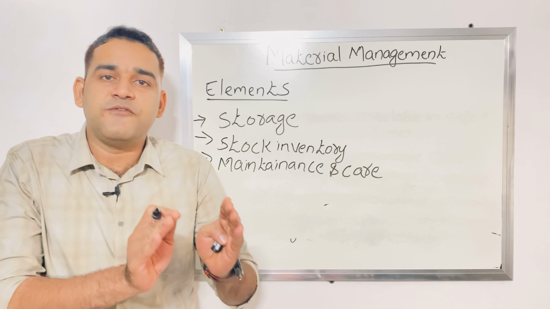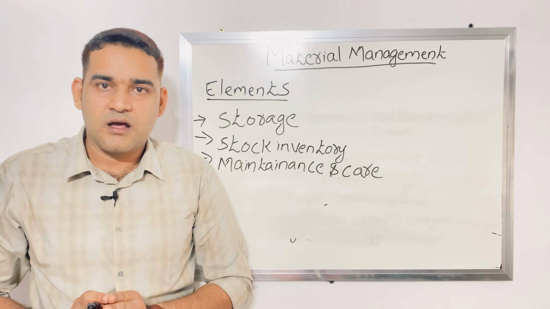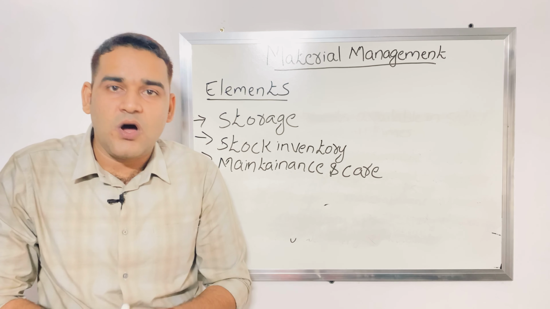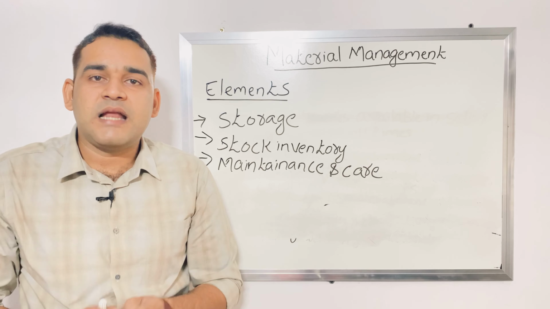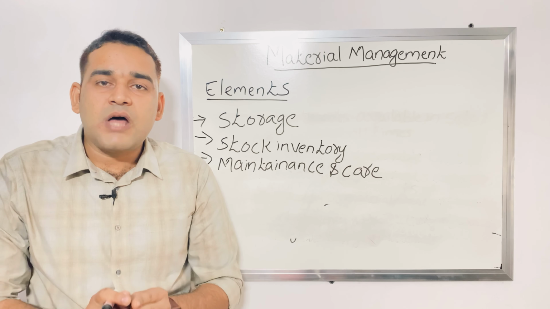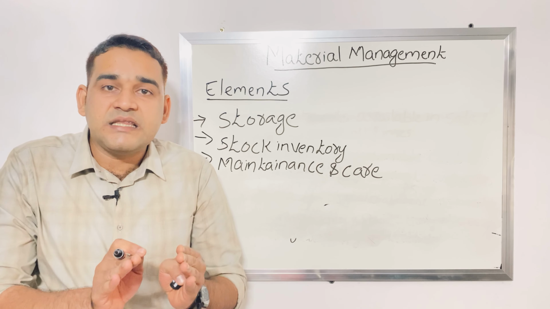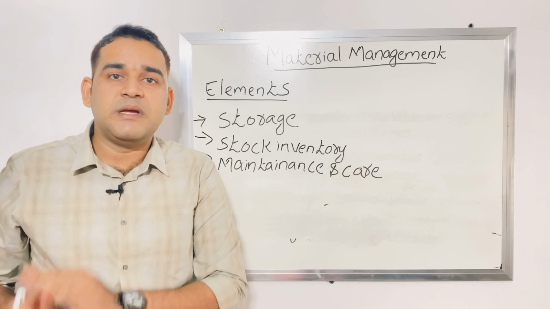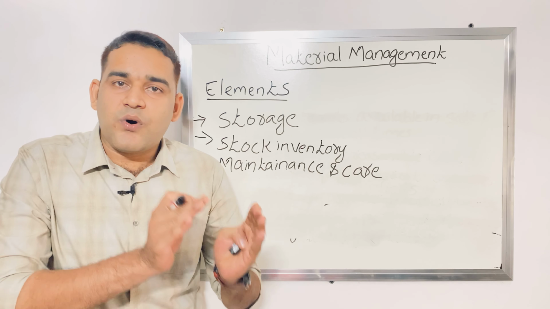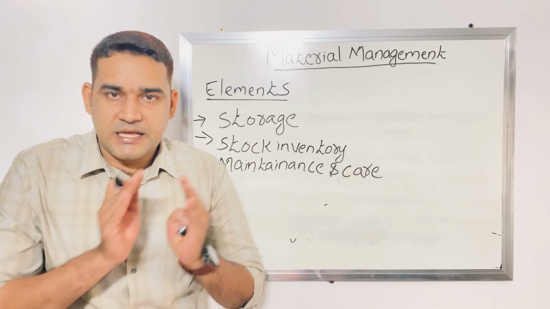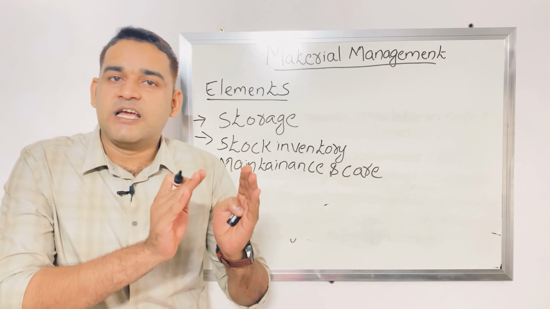For example, if it is a vehicle, you have to do the service. Like that, for the equipment also you have to do the service as well as whenever required you have to do the repair also. Maintaining the material and taking care of the material is also very important in material management. That is maintenance and care.